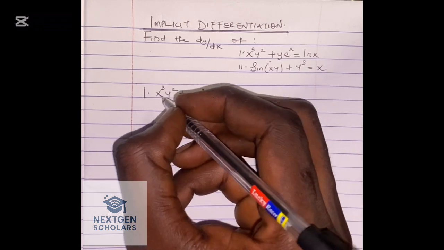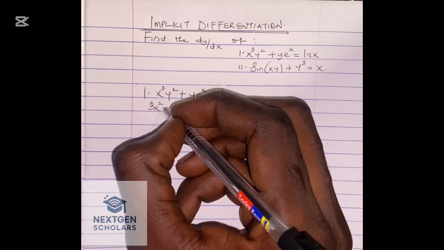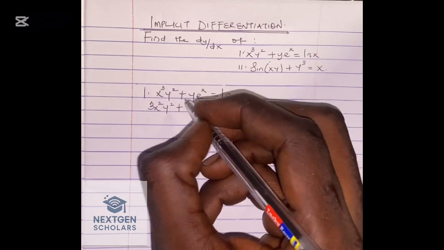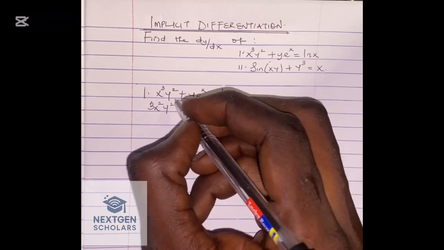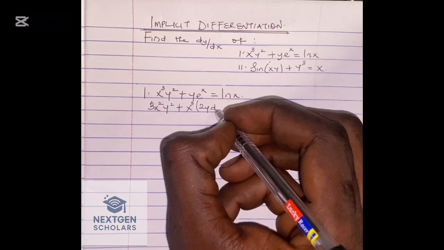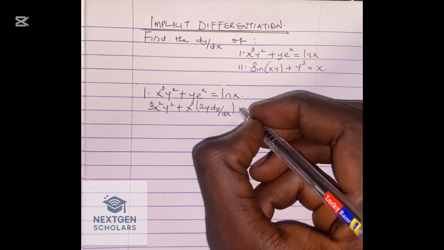So here we have 3x squared, we keep y squared, plus, now we keep the first one, x cubed. This will give us 2y, but dy dx. Please don't forget this concept.